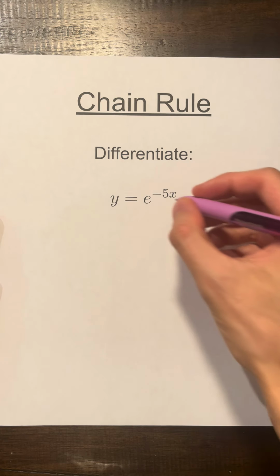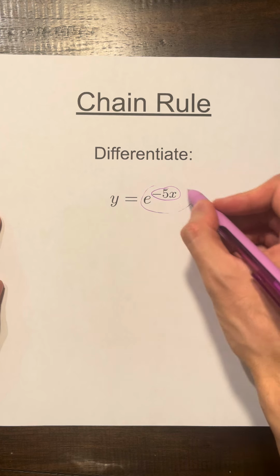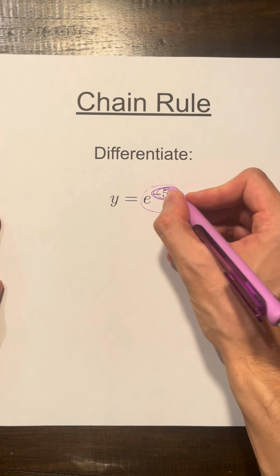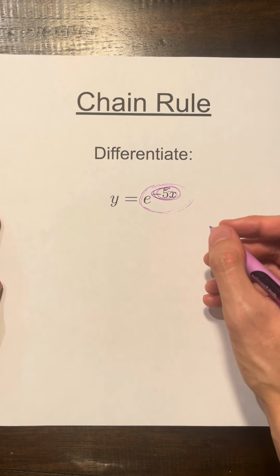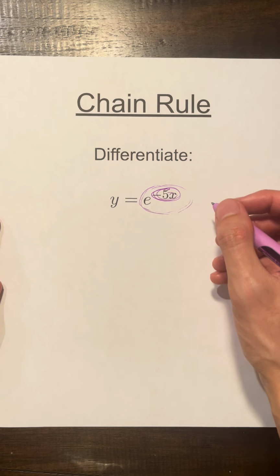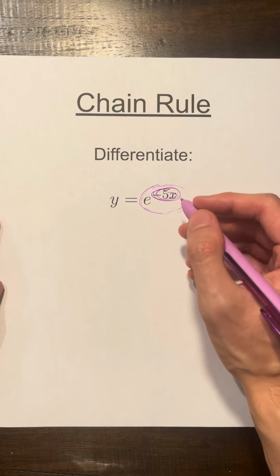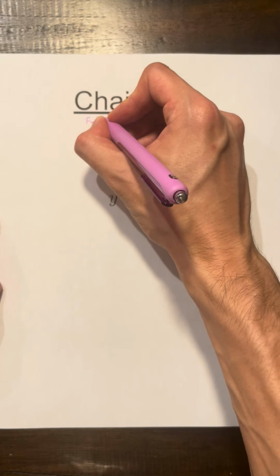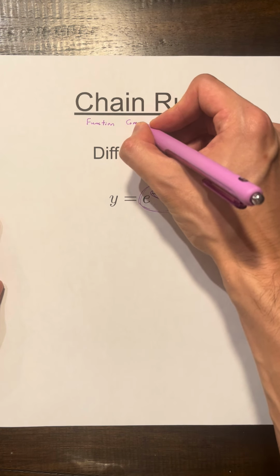If you see a function inside another function, so negative 5x is inside of the exponent for this function, think chain rule. And a function inside of another function is what we call function composition.